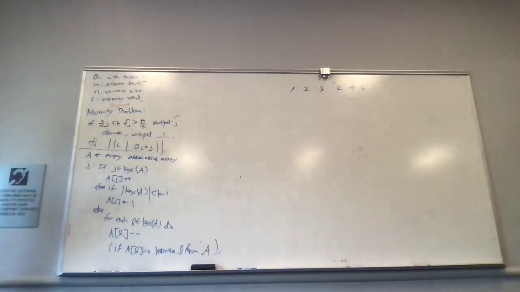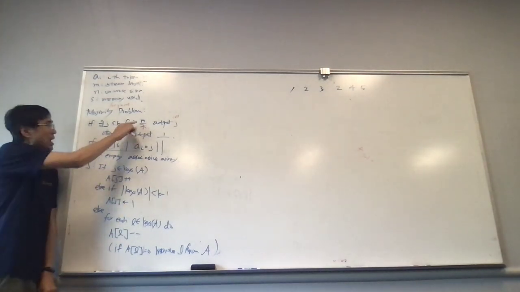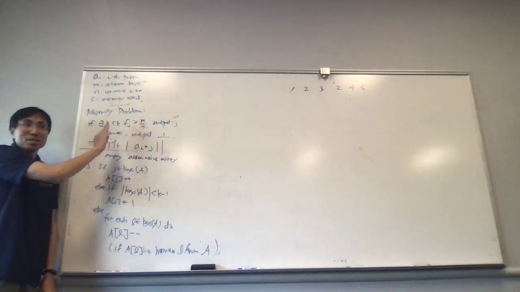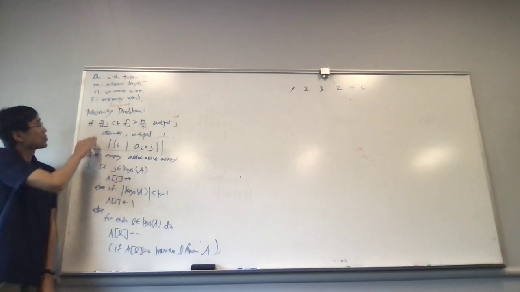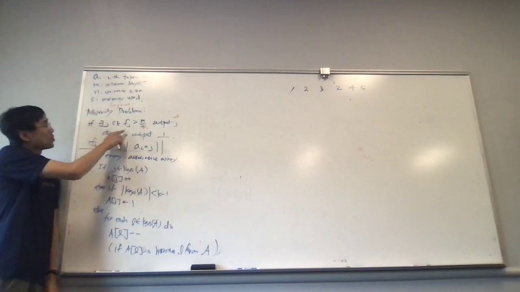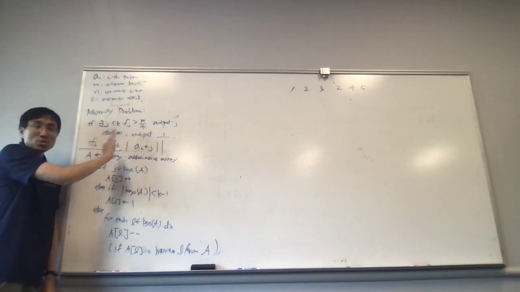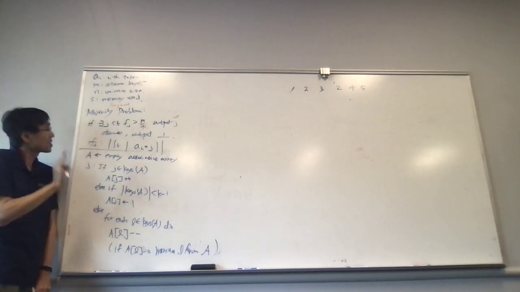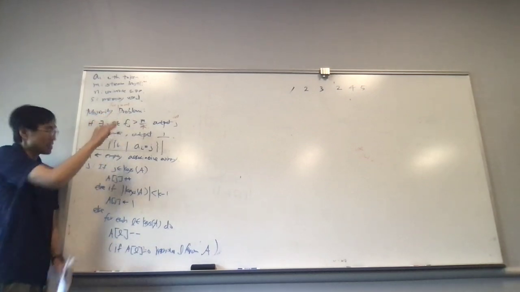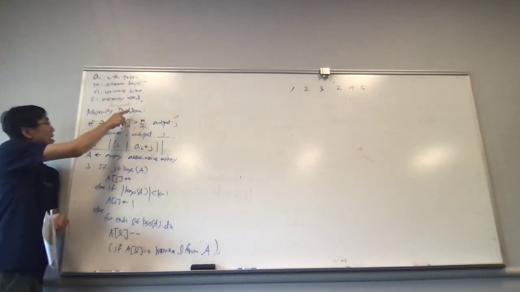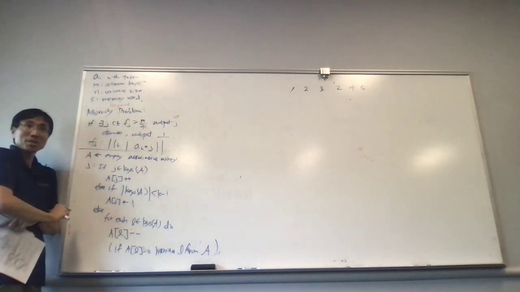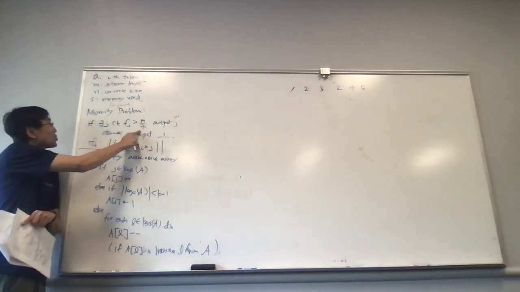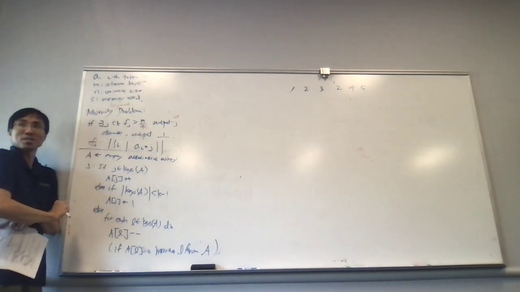The only difference is that before, majority had the threshold m over 2. Now, in the frequent problem, if the frequency is more than m over k, I want to output all such elements. That's the only difference. Clearly, the frequent problem generalizes the majority problem, because when k equals 2, it becomes the majority problem.